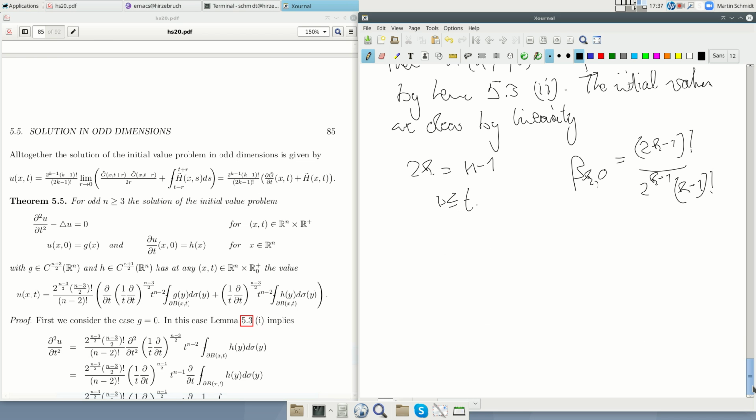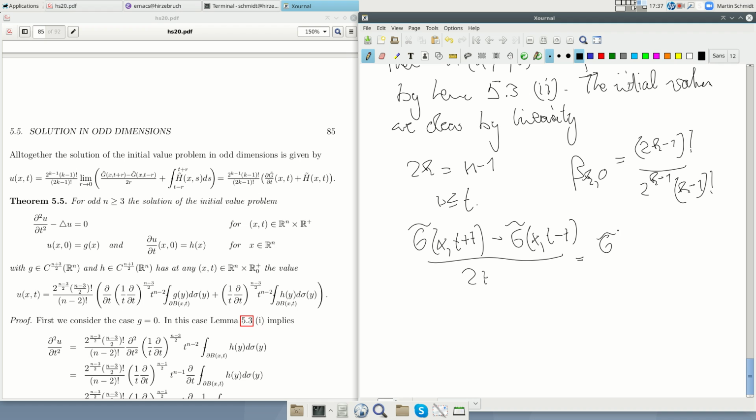Maybe I write it explicitly. g tilde of x t plus r minus g tilde of x t minus r divided by 2r.